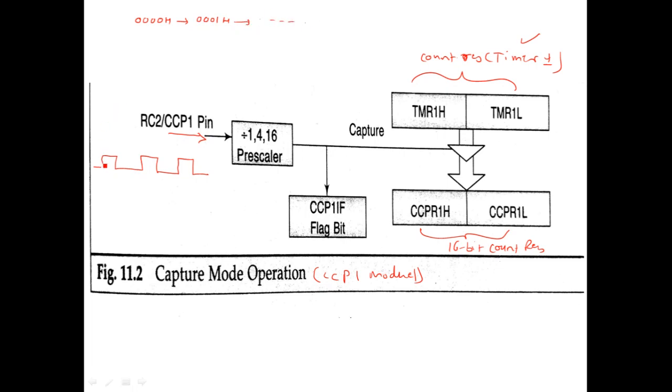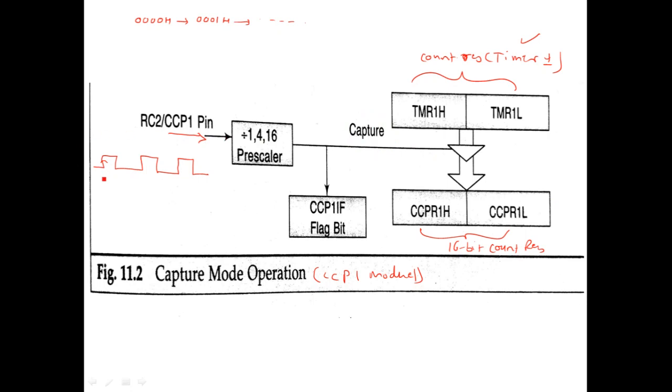Now at the instant an edge of this signal occurs, the count in the timer count registers will be copied into the count registers of this CCP module. So that's why this is called the capture mode of operation.